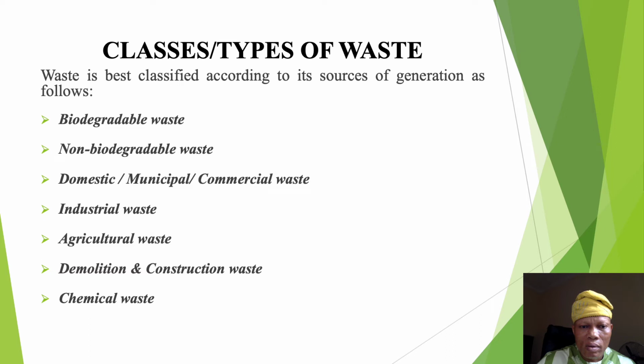The most common types of waste are as follows. Apart from those biodegradable waste and non-biodegradable waste, we have the following also as type of waste. For example, the domestic, municipal, commercial waste. This comprises the waste from domestic houses, offices, and commercial places, like the markets, abattoirs, where they slaughter rams and cow, stores, shops, and shopping malls.